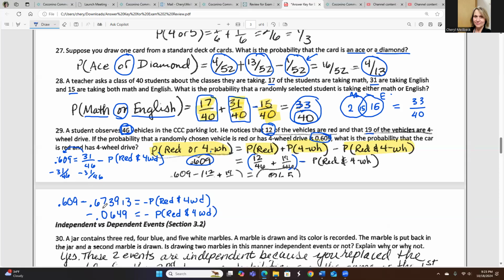So if I divide a -1 out of my left side, I'd also divide it out of the right side, meaning that the probability that a car is both red and four-wheel drive is just 0.065, because we round to the third decimal place. That's how we wanted to approach that one.